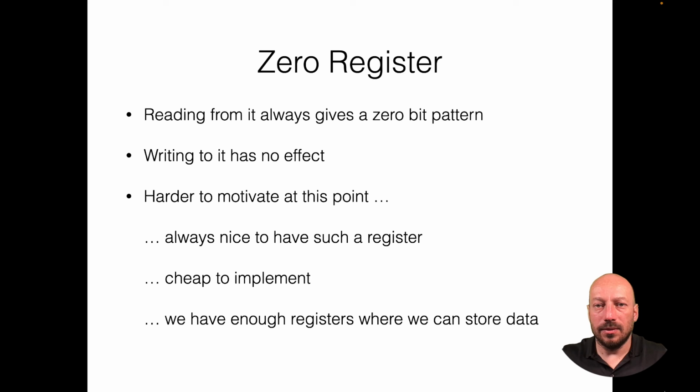And it's also sometimes nice to have a register where you always read a 0-bit pattern if you read from it. And another motivation, building a so-called 0 register is something very cheap, because you don't need flip-flops for it.